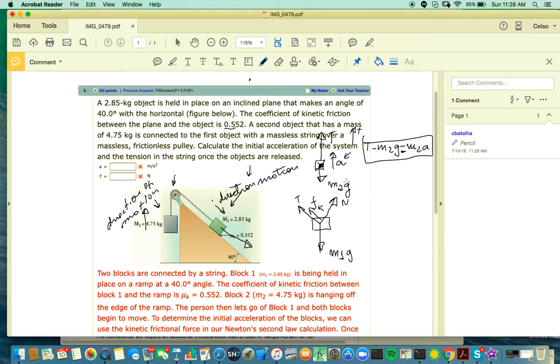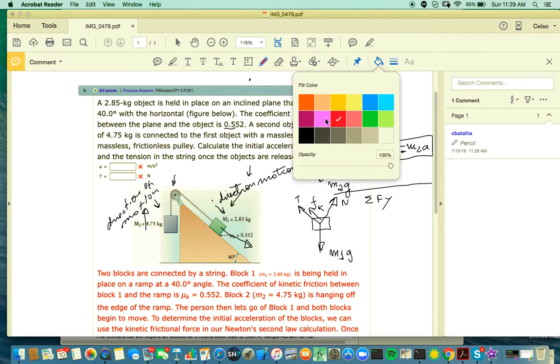Okay, so the sum of forces in the y direction. And what is my y direction? Let me change the color. Here, perhaps. Oh, there you go.